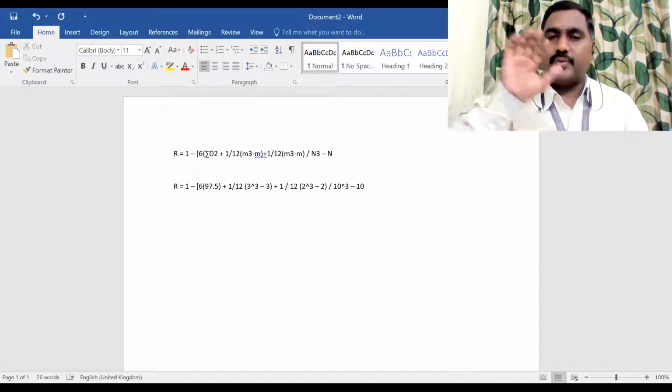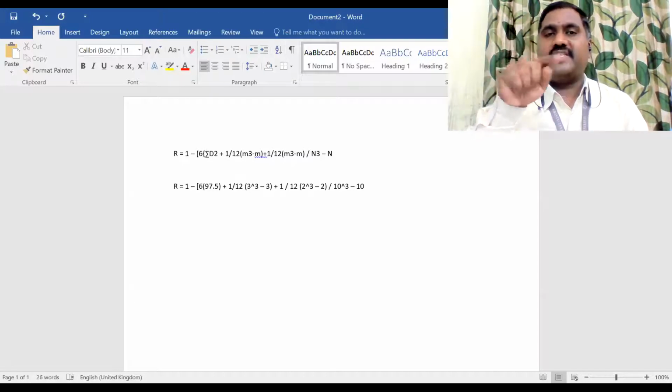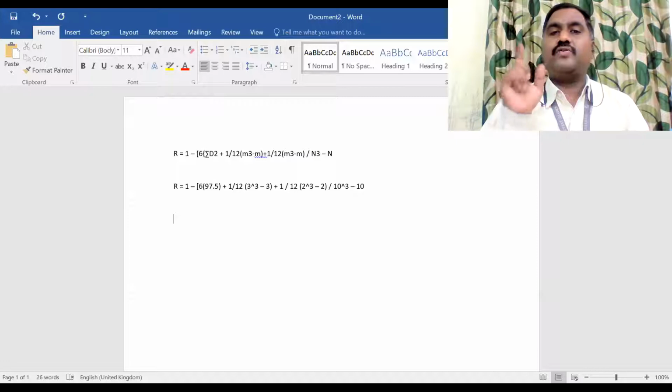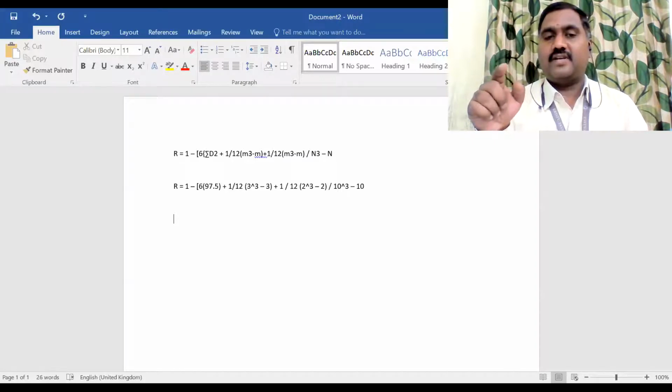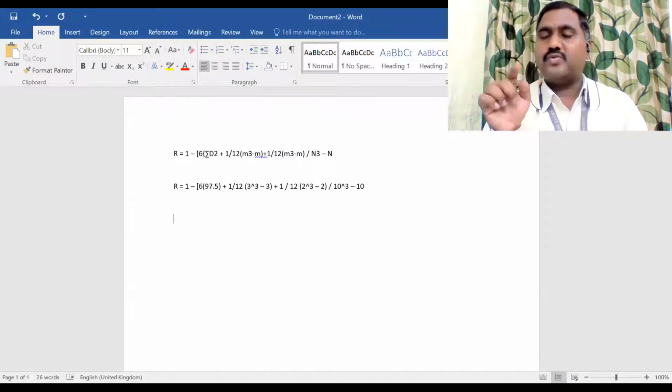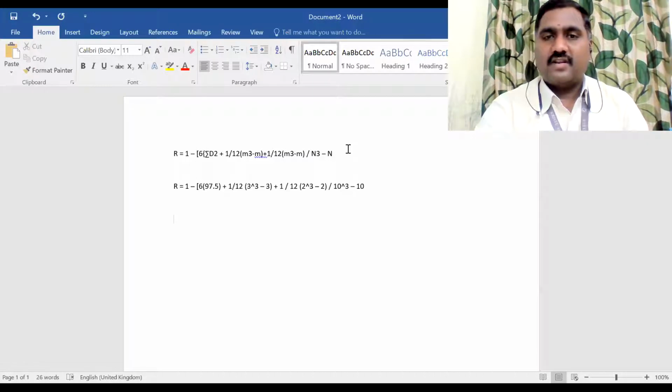Plus 1 by 12, you keep it as it is. In the bracket 3 power 3, 27 minus 3, 24. So 1 by 12 into 24, plus 1 by 12 into 2 power 3 is 8 minus 2, 6. So 1 by 12 into 24 plus 1 by 12 into 6. You will get 1 12 is 12, 2 12 is 24. So 2 plus 1 by 6 in the numerator.